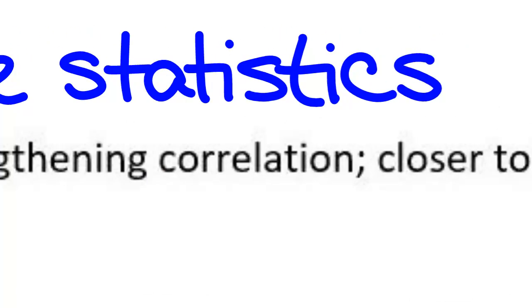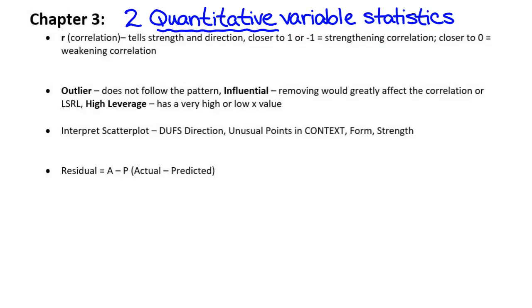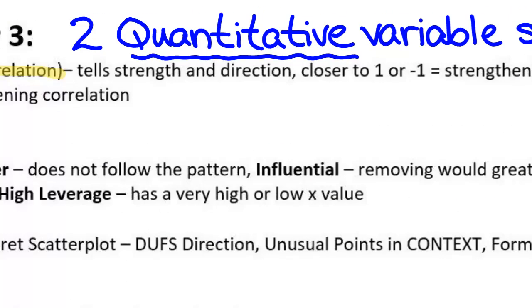R is the correlation. This tells the strength and direction. If it's closer to 1 or -1, it is stronger. If it's closer to 0, it is weaker. So R has to be in between -1 and +1.